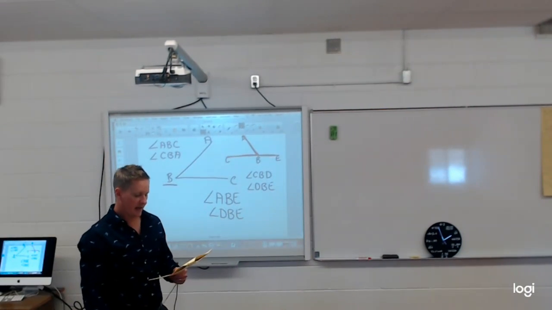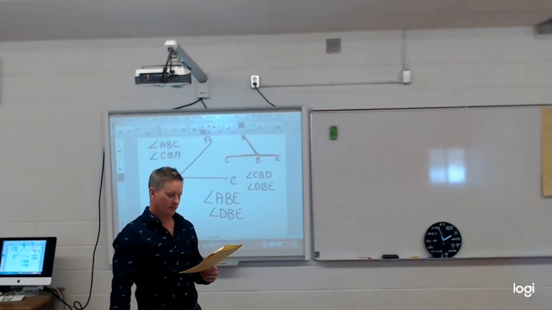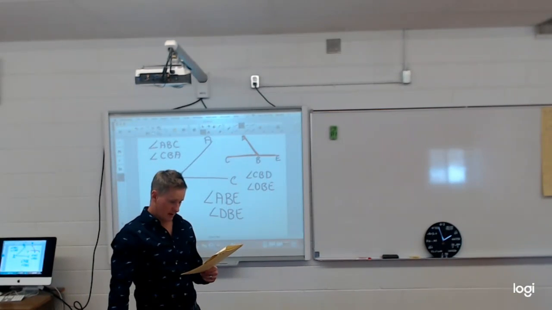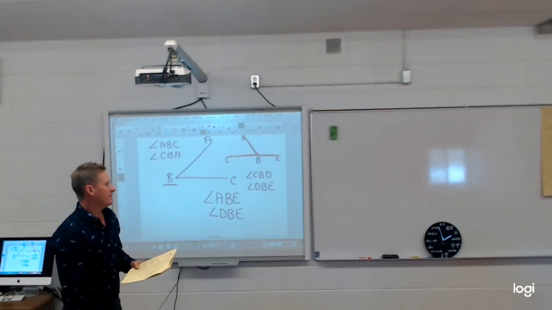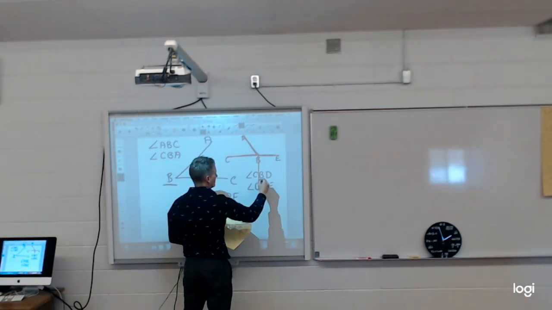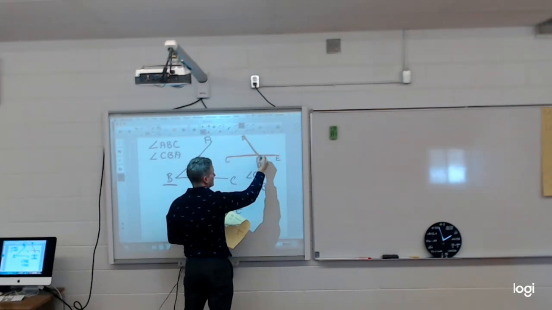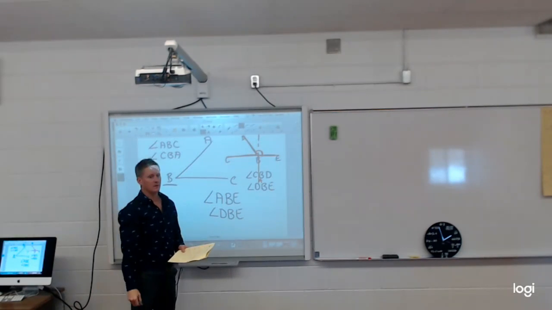Name two adjacent angles that are not supplementary in that question. ABE and DBE. Yes. ABE and DBE, because A goes down this way, right? And this is clearly not a straight line now, if I extended that. So those two.